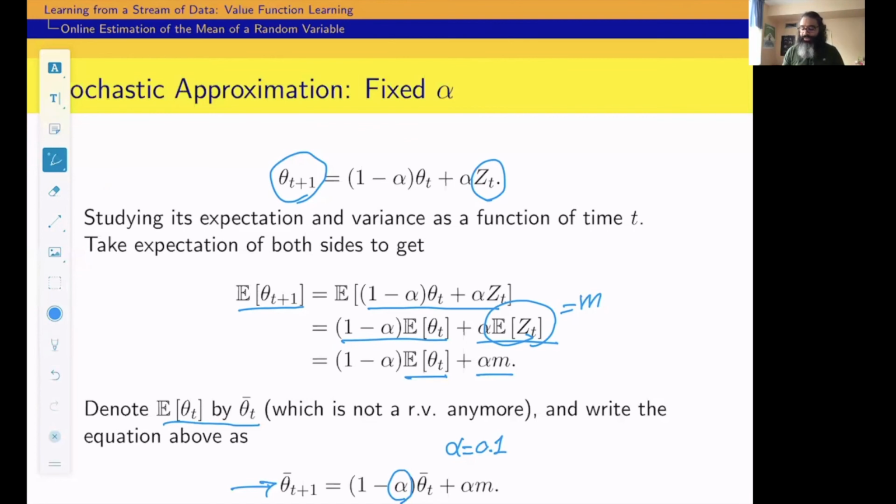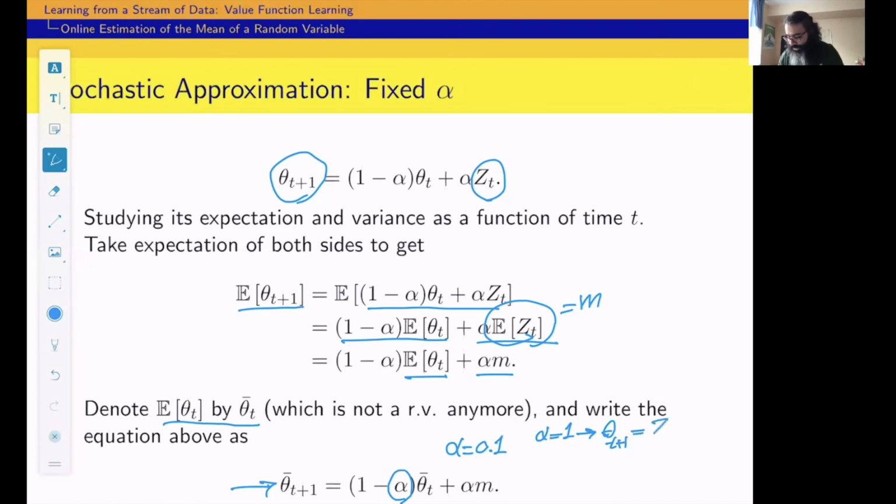So for example, suppose alpha is equal to 1. Then what we get, even from the top one, not the expectation, would become equal to 0 times theta t plus alpha times z t.